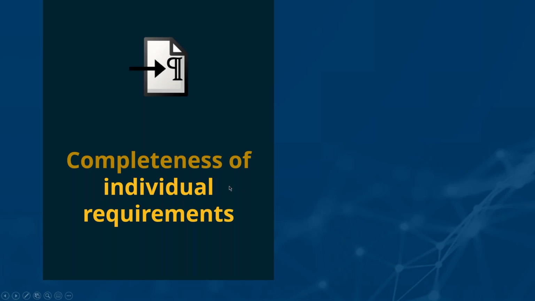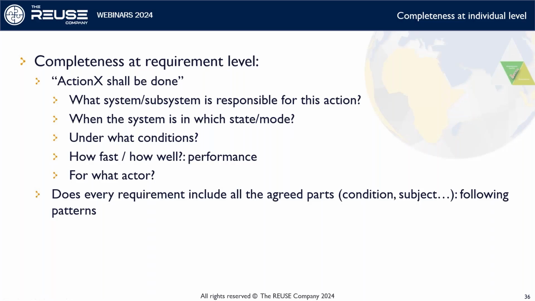So looking now at the individual requirements. So what does individual completeness mean? It means that we actually check the syntax and make sure that we don't have any missing aspects. So that's related to the WH questions. So do we have the system responsible for the action? When is the system finding itself? Which state? Under what conditions?